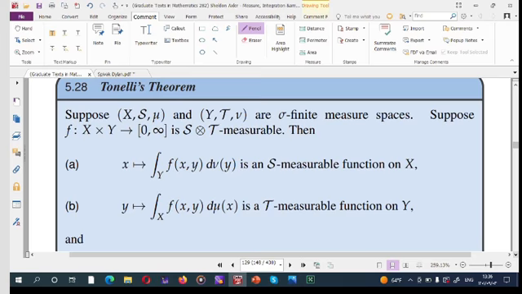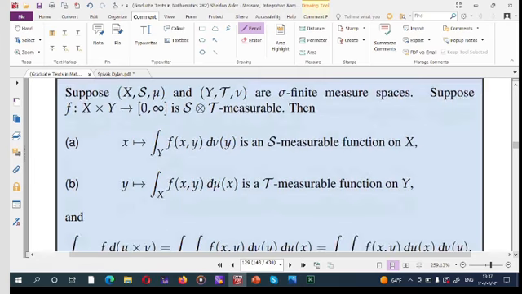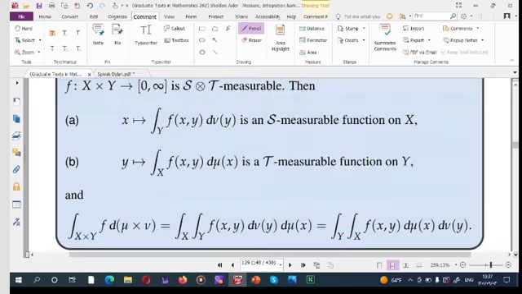in addition, we have these useful equalities.